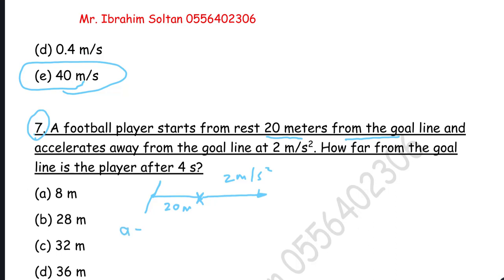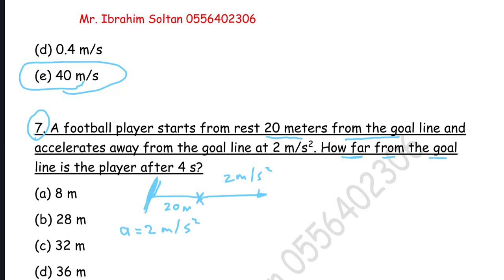So he gives us the acceleration, 2 meters per second squared. How far from the goal line is the player after 4 seconds? He needs how far from the goal line from here, guys.